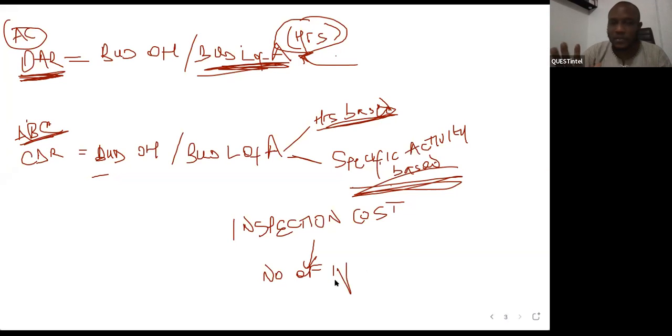The number of inspections will depend on the kind of quality we want to achieve. If we want a very high quality product, then we'll have more inspections than a product that does not have a very high quality need. So the number of inspections will drive our inspection cost, and this has very little to do with our number of hours.